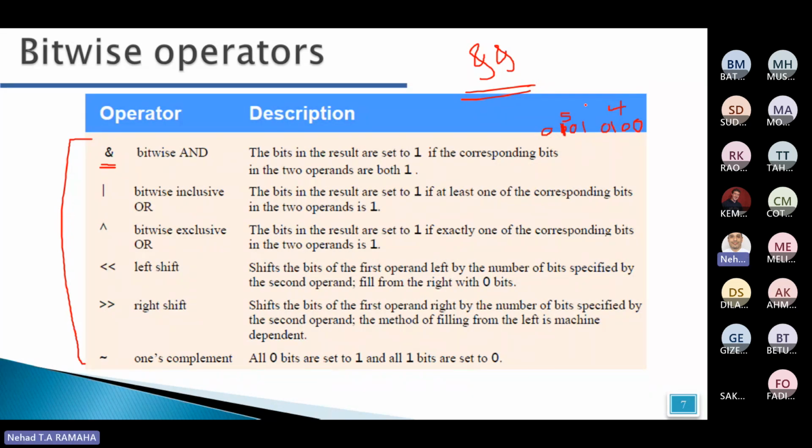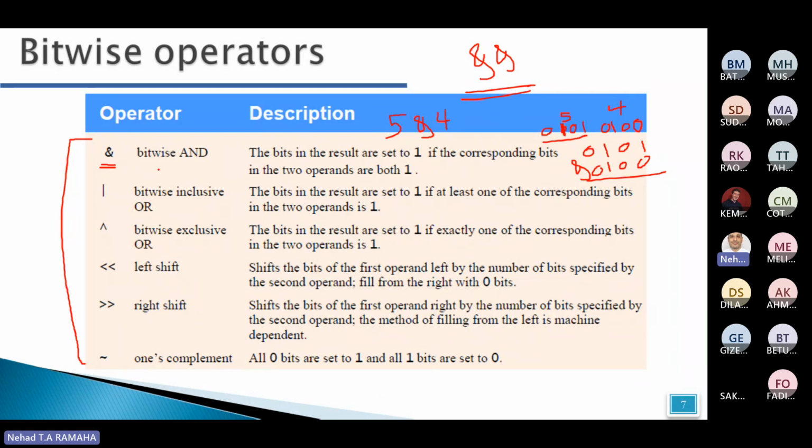So if you do 5 and 4, the computer will do it like this. 5, which is 0, 1, 0, 1. And 4, which is 0, 1, 0, 0. And make the operation, which is AND, but bitwise.